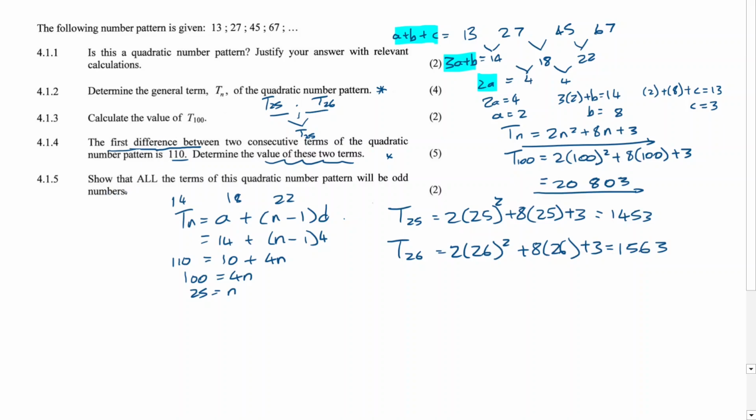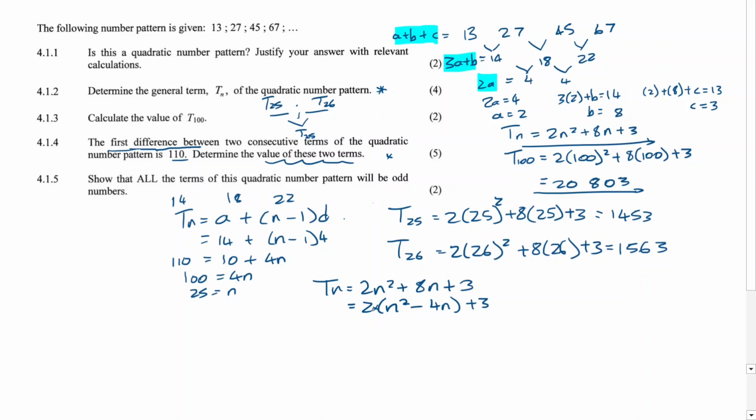Last one is also a bit left field. Show that all the terms in this quadratic pattern will be odd numbers. And so what you do is, taking the number pattern, how do I show that this is odd? Well, if I take out 2 from these two terms that have n, then what that is telling me is that whatever term I sub in here times by 2 will always be even.